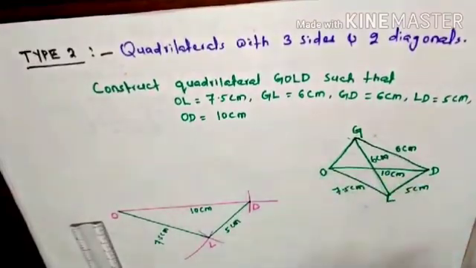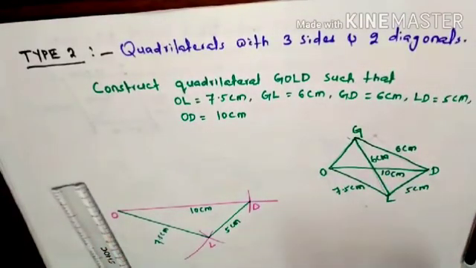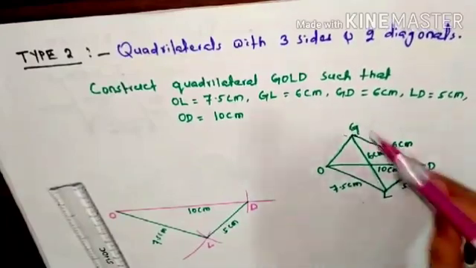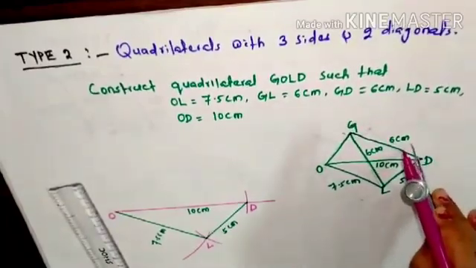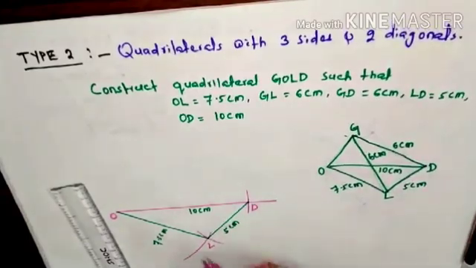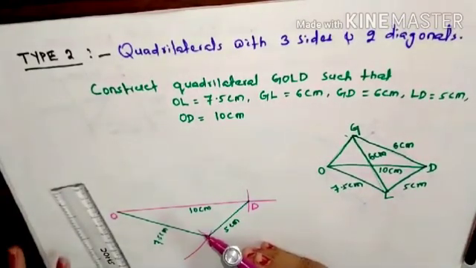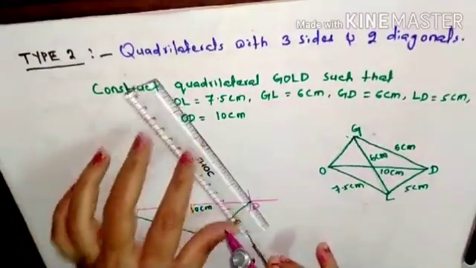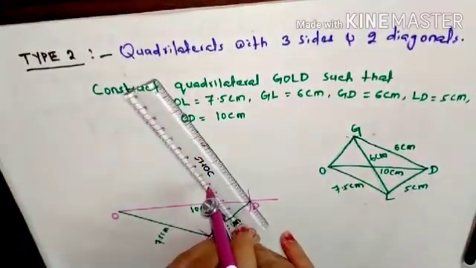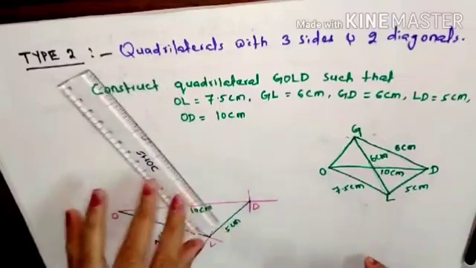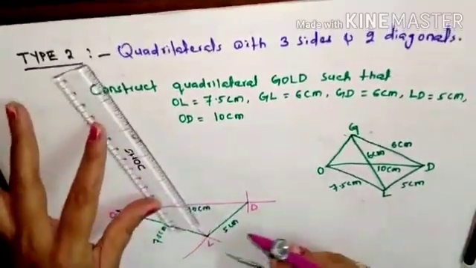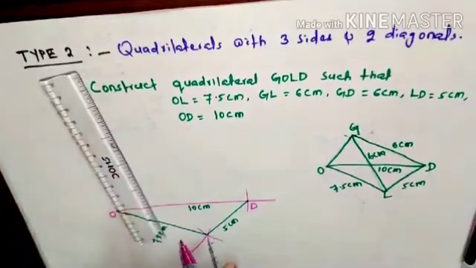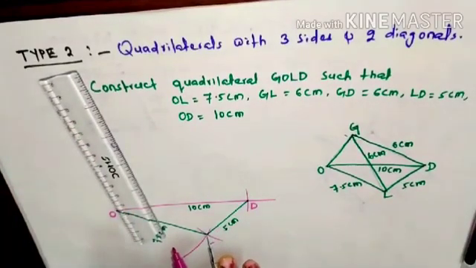Keep our center at point L, as you know that GL is given. GL is 6 centimeters. GD is also 6 centimeters. So keep our center at point L and measure 6 centimeters.